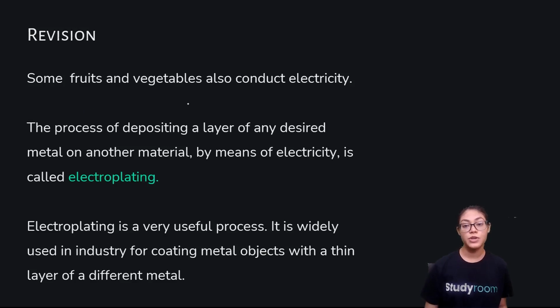Some fruits and vegetables also conduct electricity. The process of depositing a layer of any desired metal on another material by means of electricity is called electroplating. Electroplating is a very useful process. It is widely used in industry for coating metal objects with a thin layer of a different material.